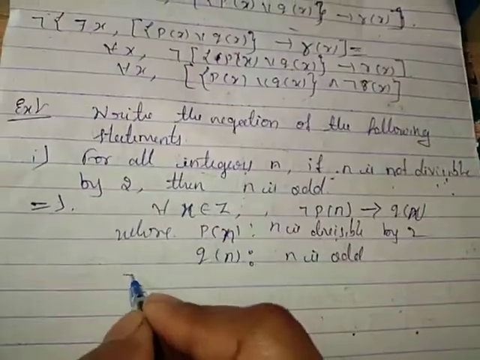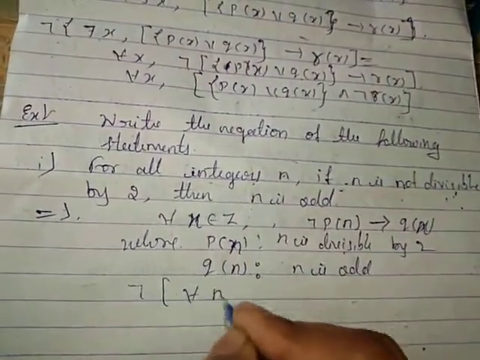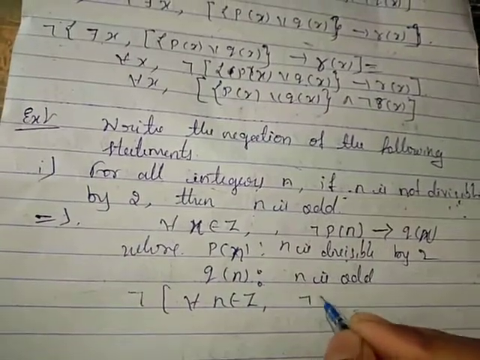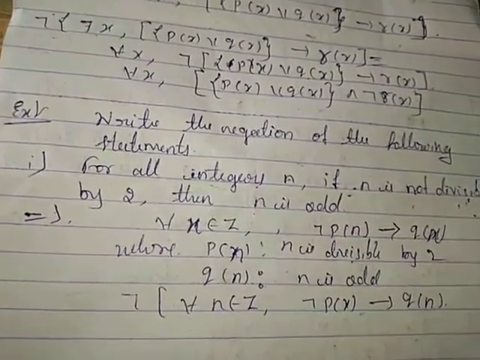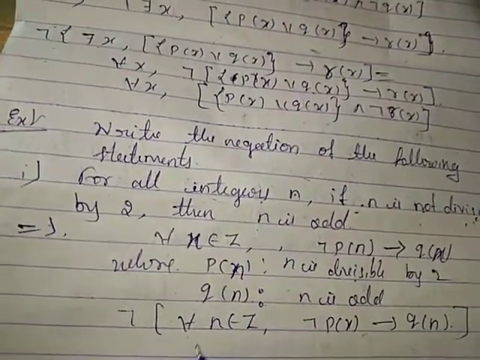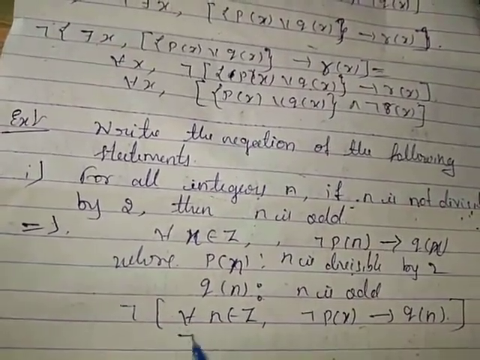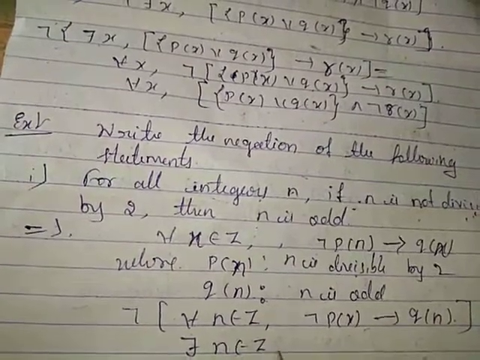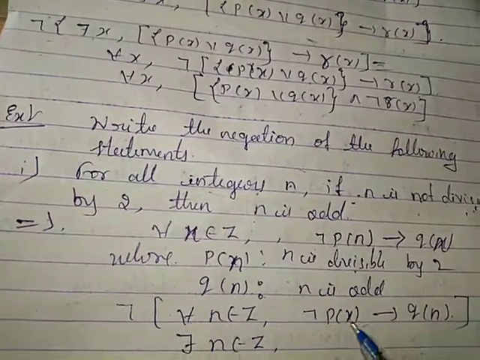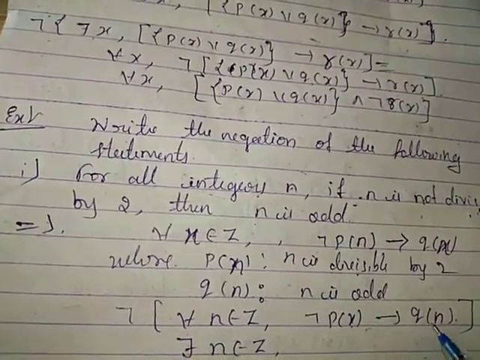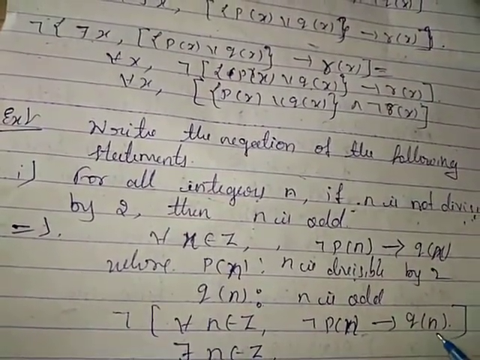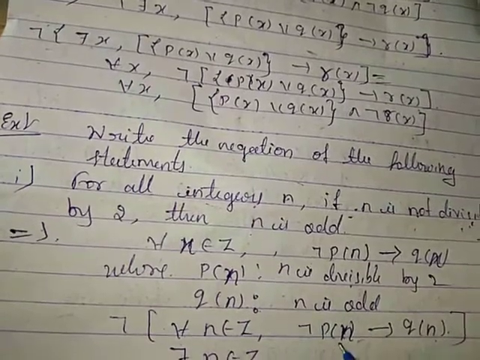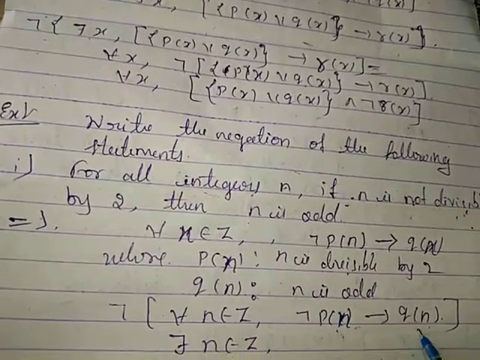So the negation of for all n belongs to Z, negation of p of n implies q of n, is there exists an n belongs to Z, negation of negation of p of n implies q of n. Consider it simply as p implies q.